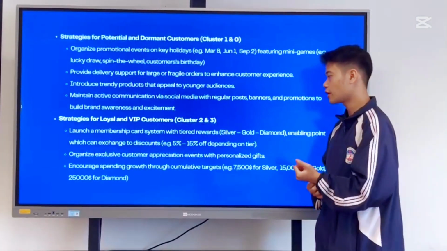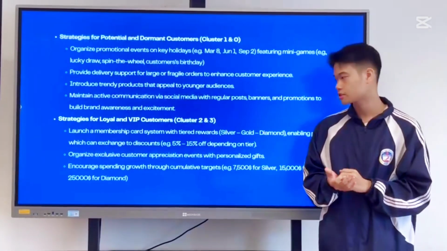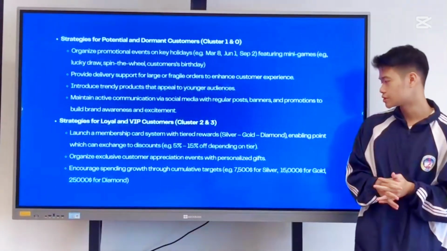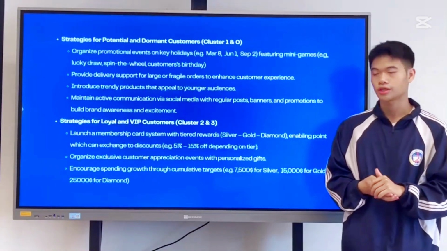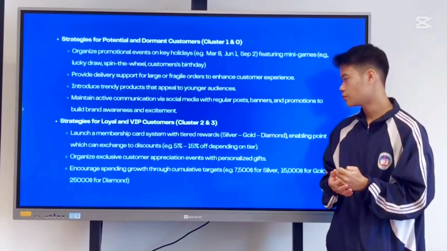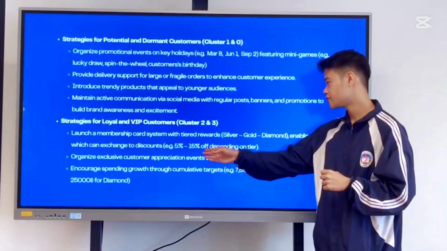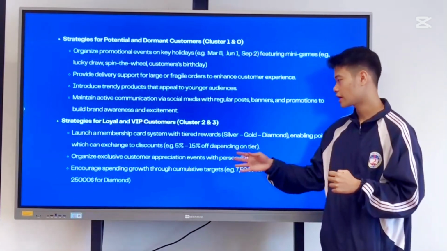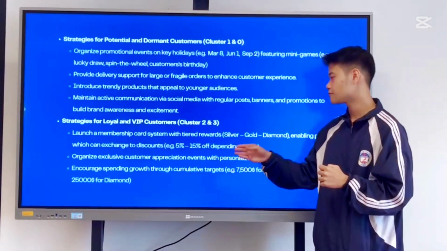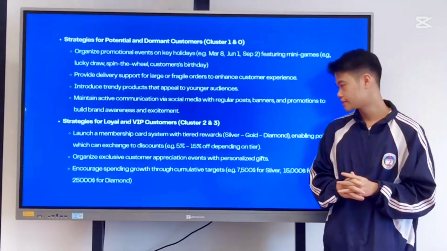For loyal and VIP customers, we launch a membership card system with tiered rewards from silver and gold to diamond, which enables points that can be exchanged for discounts from 5 to 15% depending on the tier. We also organize exclusive customer appreciation events with personalized gifts.